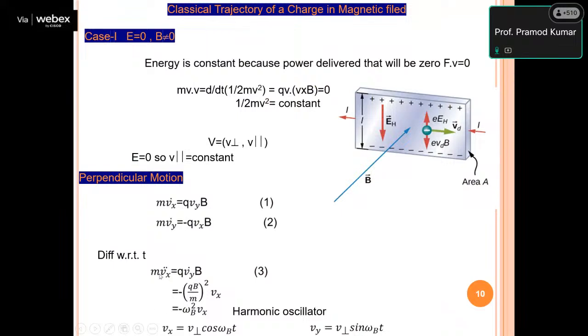Because this is a second order differential equation with respect to velocity, after solving it we can easily get Vx equal to V perpendicular cos omega B t. Similarly, using the other equation, we can calculate Vy, which is V perpendicular sin omega B t.